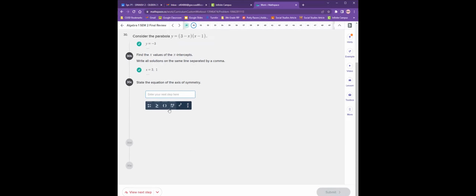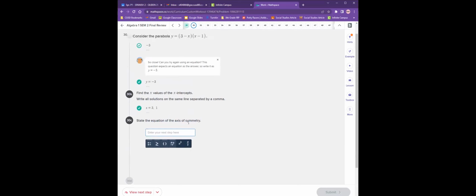State the equation of the axis of symmetry. Does it want it as a fraction? Now I have to FOIL it. There's a shortcut. The axis of symmetry is always midway between the two x-intercepts, 3 and 1.